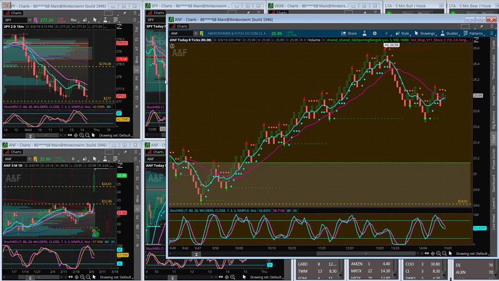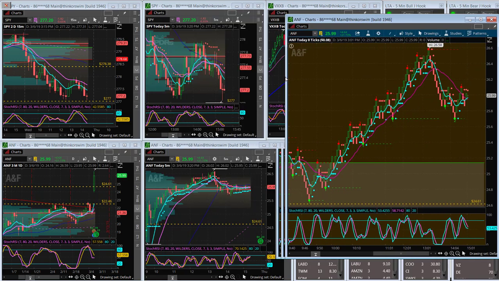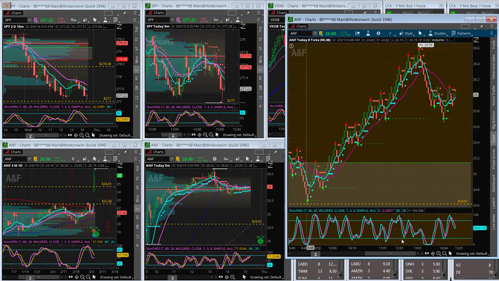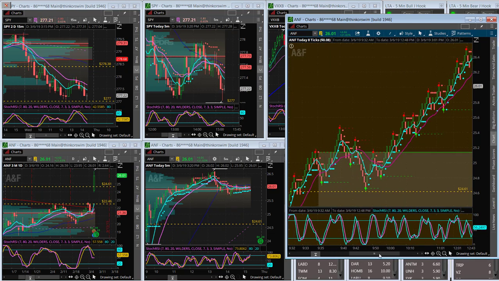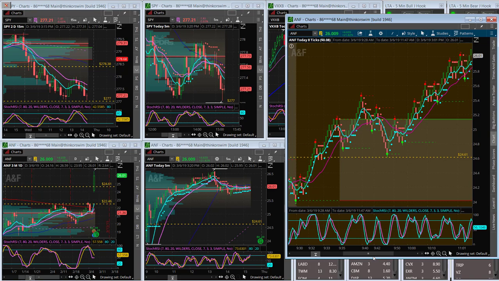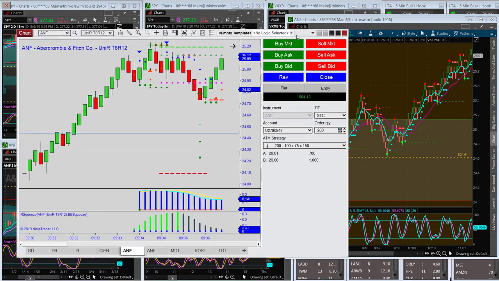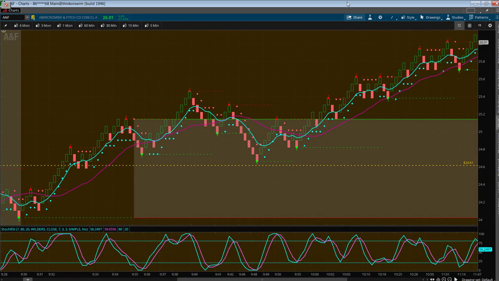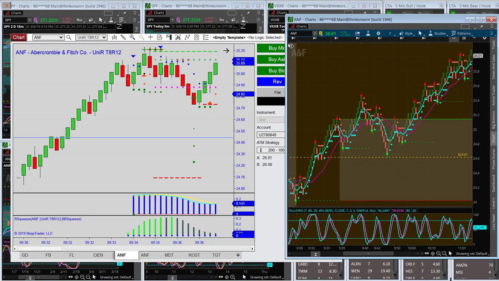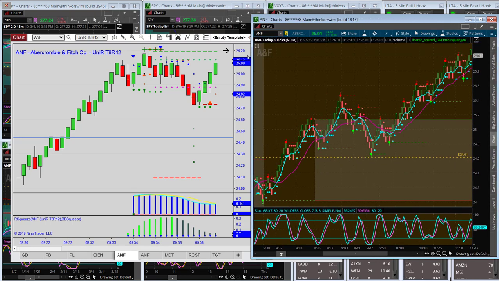Let's pull them side by side, and let's pull them up at the first part of the day. This is an 8 Renko chart.